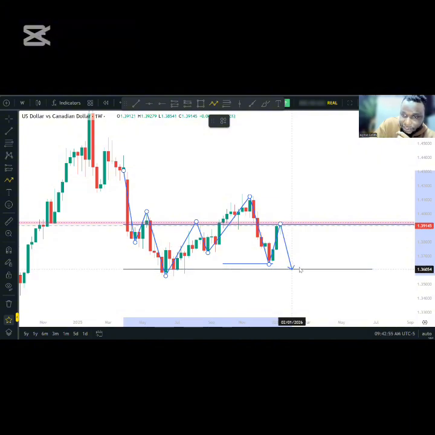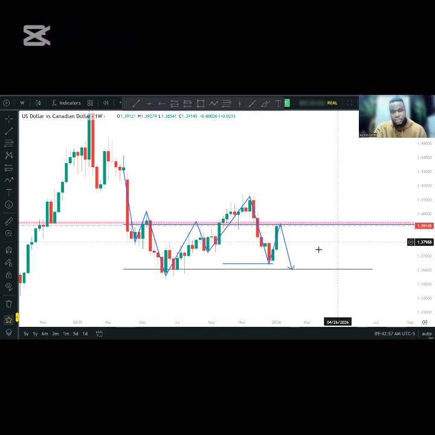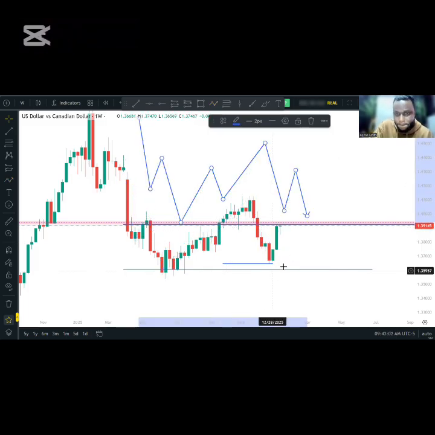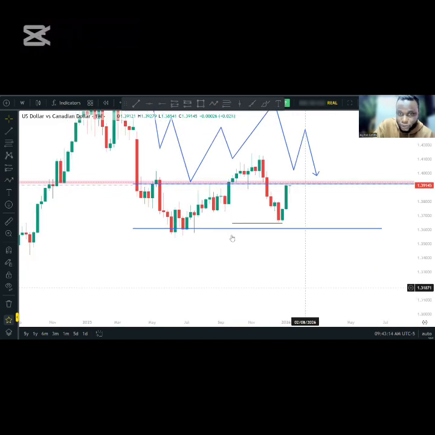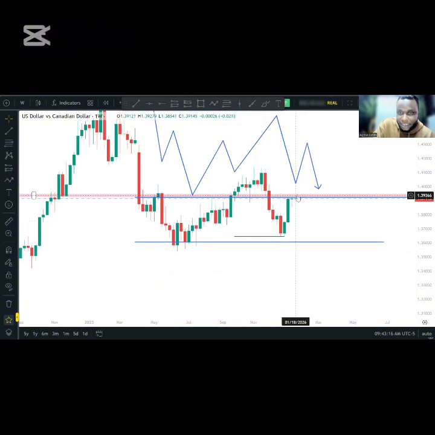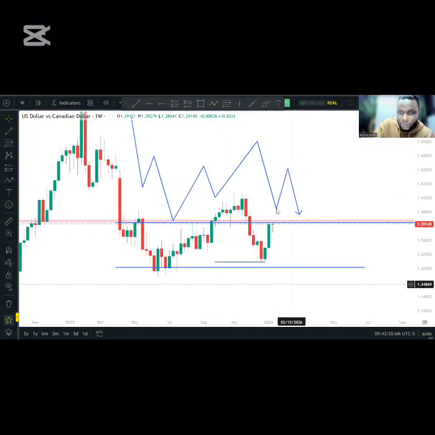So this is just going to be our weekly analysis. From this level, we'll be having a reaction to take the market lower. So this low is going to be a weak low for the market to sweep, tap into this level and go lower. For now, we'll just work with this level from this high here to this low. That's what we're working with now.